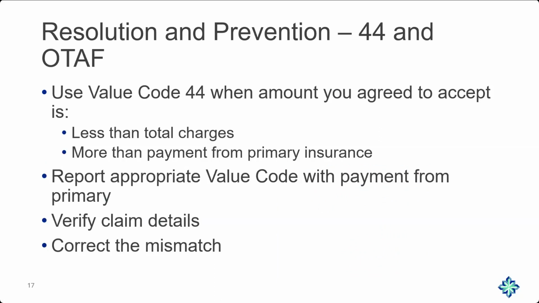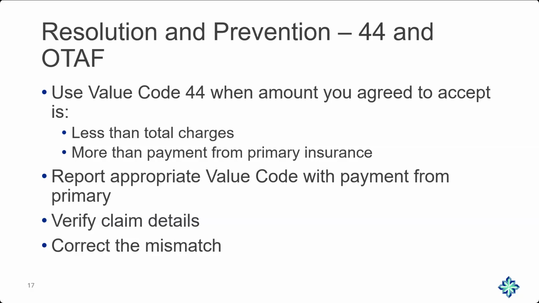So first we want to review when to use the value code 44. Not every claim where Medicare is the secondary payer will require it. We only want to report the value code 44 on claims when there's a contractual agreement with an insurance company. Value code 44 should not be submitted when the provider did not agree to accept a lesser amount than their charges from the primary payer as payment in full.